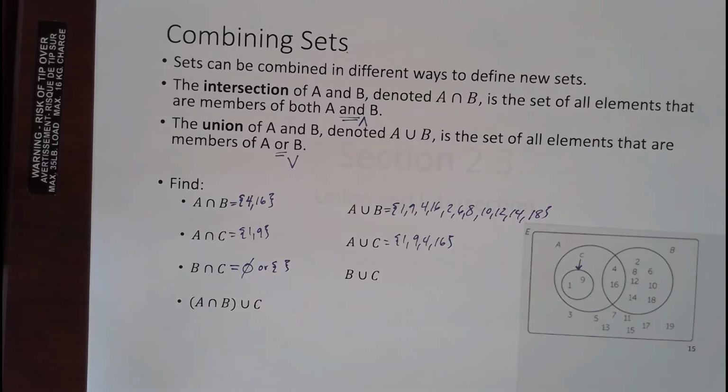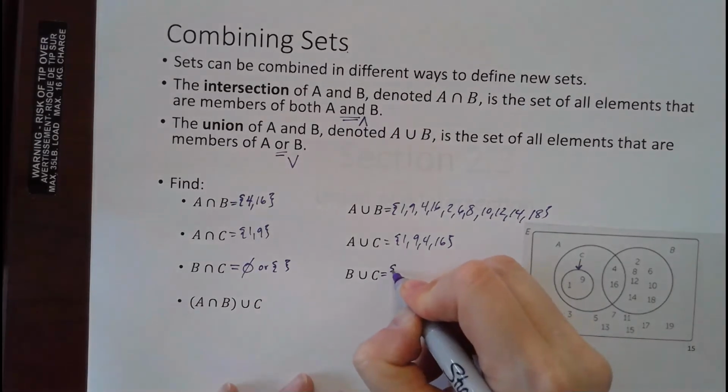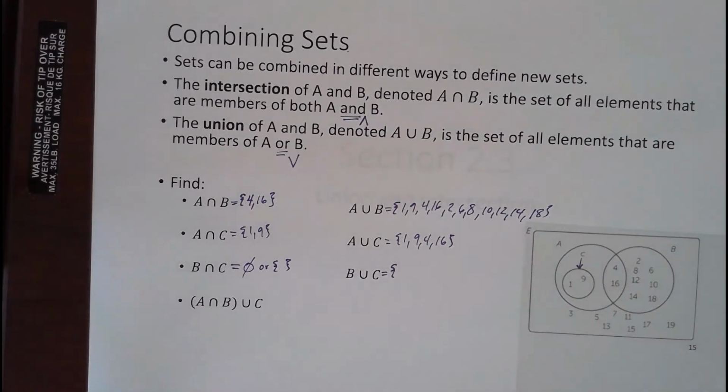And then B union C would be, it's either in B or in C. Basically take B and C, throw them in the bag together, and everything that lands in there. So what's in B or C? The same thing as A union B. Yeah, good.